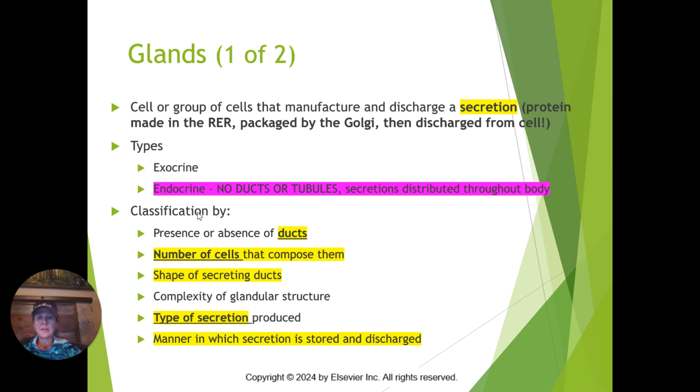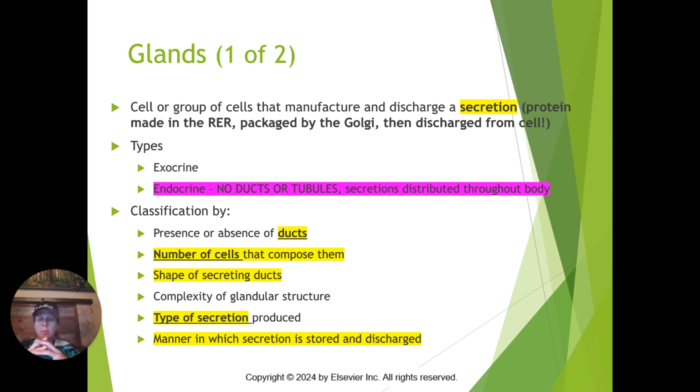Classification of glands is by either type of gland, whether it's an exocrine gland or an endocrine gland. And the thing really to know about endocrine glands is that they do not contain any ducts, nor do they contain any tubules. And secretions from endocrine glands are going to be distributed throughout the body. And endocrine, for you guys, if it isn't already, is going to become synonymous with hormones.